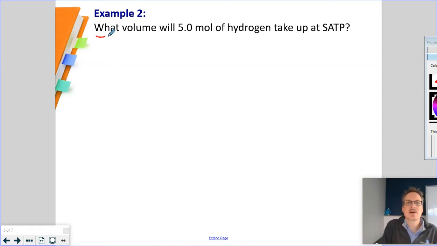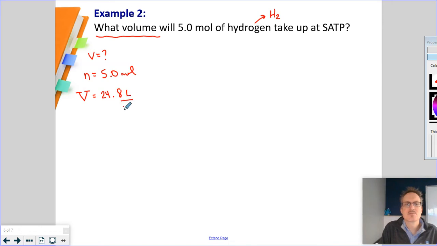So we are trying to find what volume. My substance is hydrogen. My moles, N equals 5.0 moles. And it's at SATP, so my molar volume that is memorized is 24.8 liters per mole.